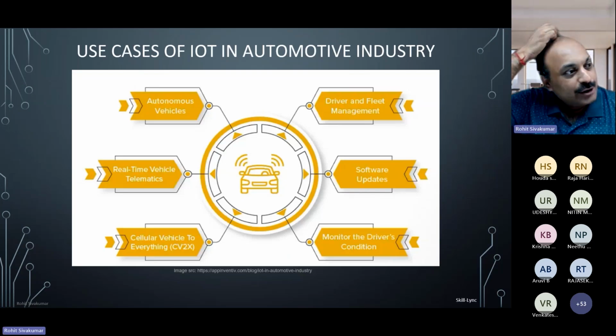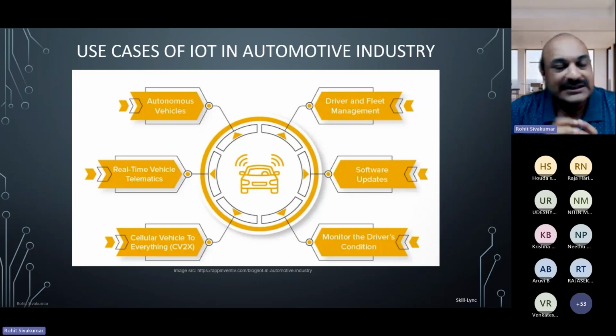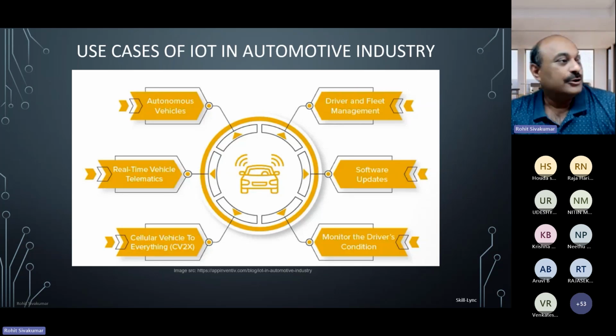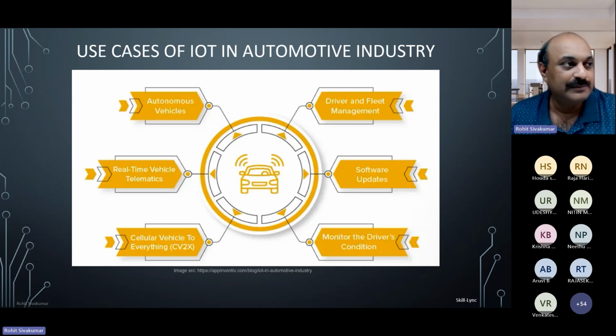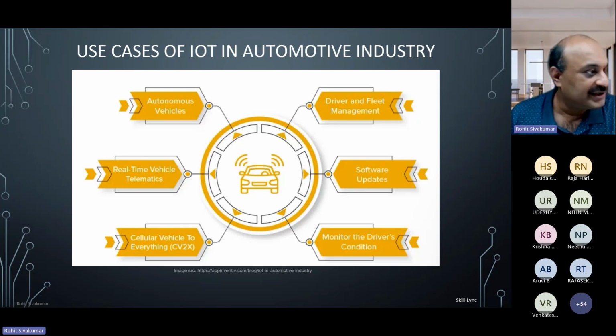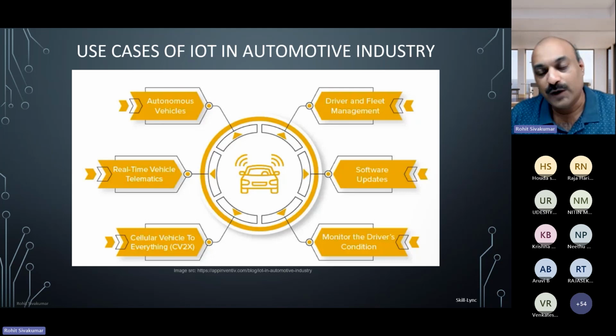Before we dive deep into all of these sectors and use cases, this is a quick slide to tell you what all IoT could do. Right from driver management, fleet management, software updates, updating the cars, ECU engine software, monitoring the drivers, driving conditions, health conditions, connectivity between vehicles that are plying on the road.